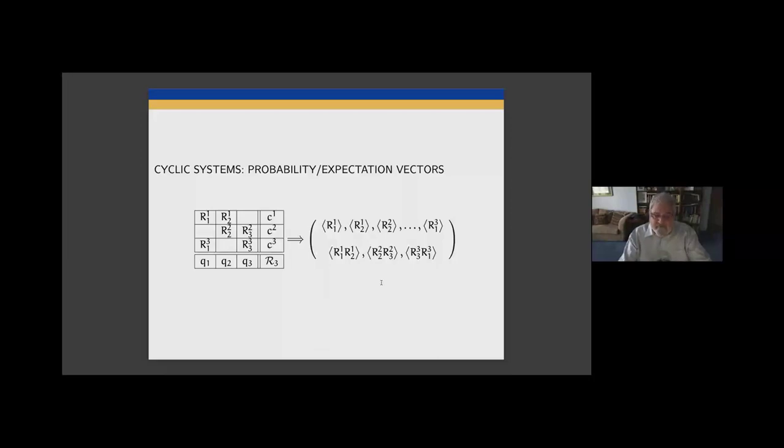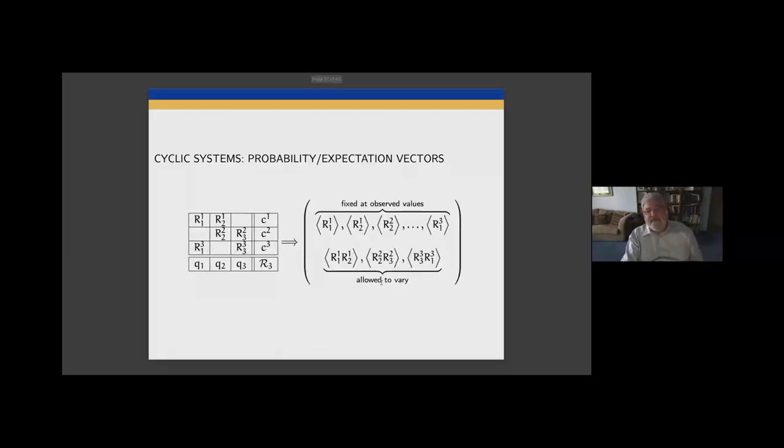So for the purposes of contextuality analysis, these individual expected values are uninformative in the sense that they are kind of setting the stage for the analysis of the pairwise relations or joint distributions.